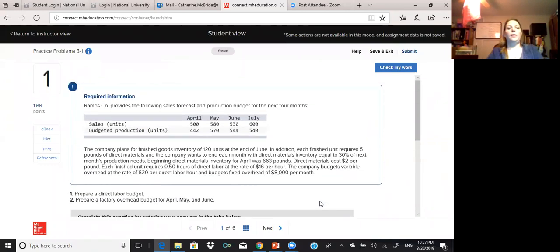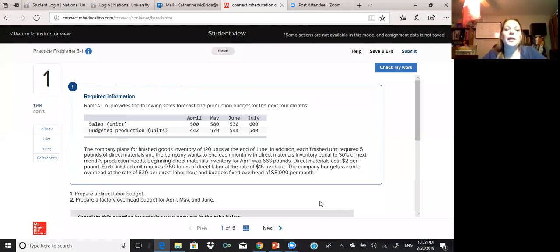So let's look at this. Let's say that we're going to do a sales budget. We're going to sell 500 units in April, 580 in May, 530 in June, and 600 in July. And to do that, we plan to produce 442, 570, 544, and 800 and 540.